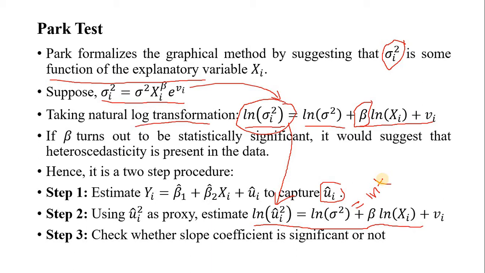You run a regression taking u cap square as your dependent variable and xi as your independent variable, and check whether your beta coefficient is significant or not. If it is significant, then there is a problem of heteroscedasticity.